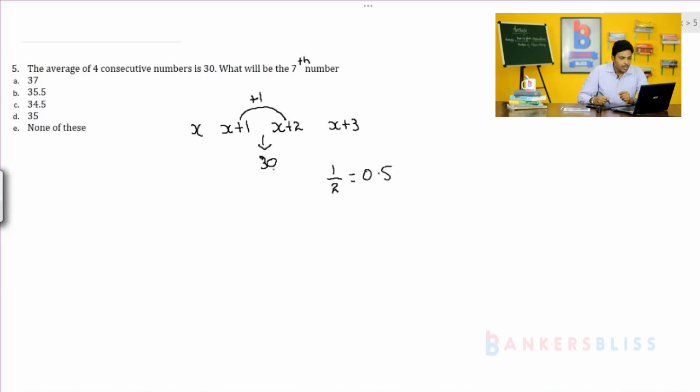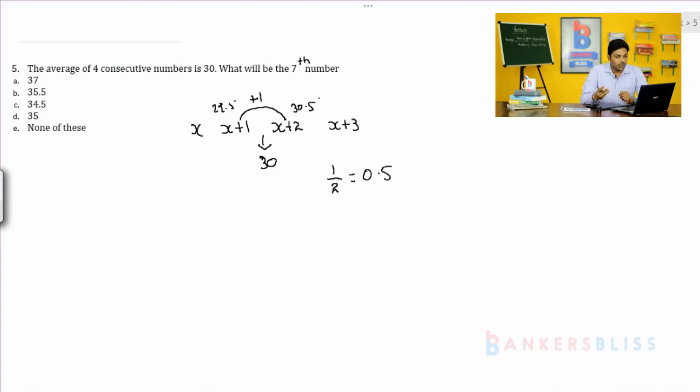If you subtract 0.5 from 30, you get the value of x plus 1. If you add 0.5 to 30, you get the value of x plus 2. So 30 minus 0.5 is 29.5, the value of x plus 1, and 30 plus 0.5 is 30.5, the value of x plus 2.